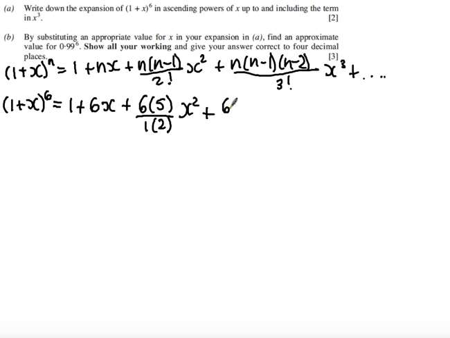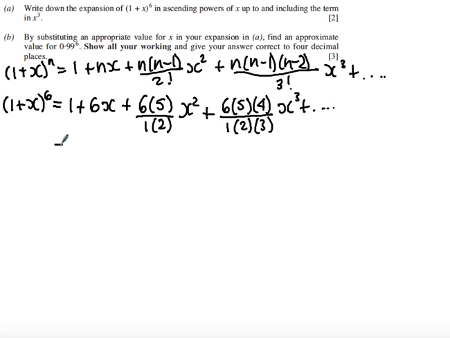Plus, counting down, x cubed means I've got 3 terms, 6 times 5 times 4. The denominator has got to have the same amount of terms counting up from 1, so 1 times 2 times 3, x cubed.